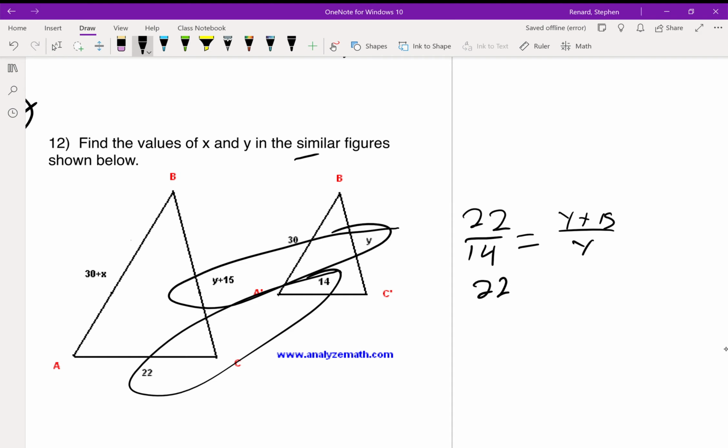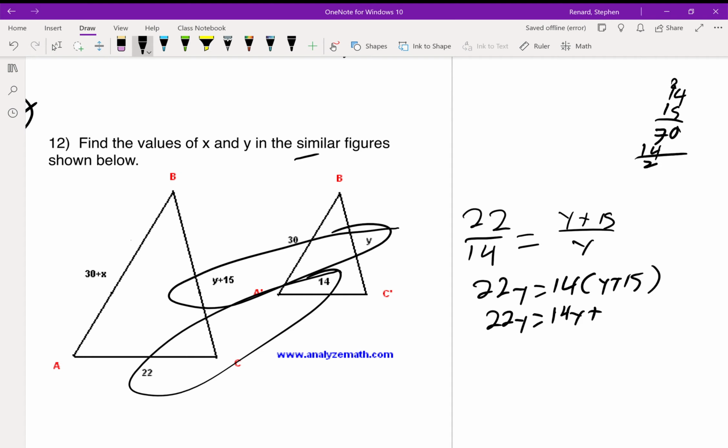Cross multiply, 22y equals 14 times y plus 15. 22y equals 14y plus, let's do some math, 14 times 15 is 210. Subtract 14y from both sides. I'm going to get 8y equals 210, divided by 8.